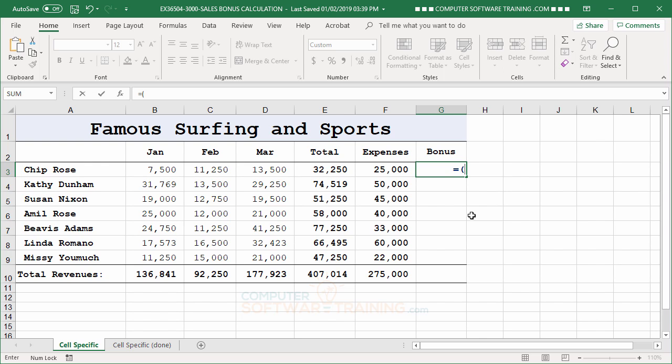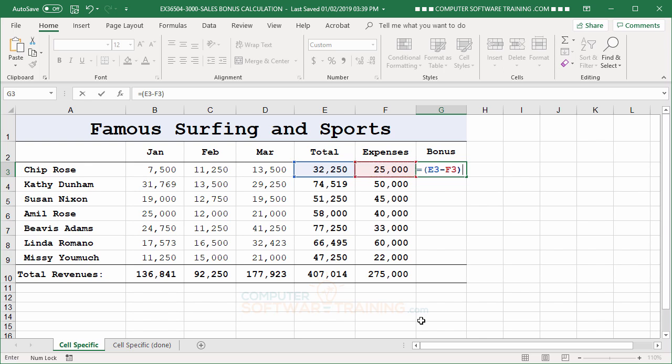Go right ahead. So you got equal, left parenthesis. We're going to take this number here, what they brought in, the revenue, minus what the cost of goods are, so whatever went into the sale as far as the product, the cost of it was $25,000 in this case, right? So then we're going to close that up.